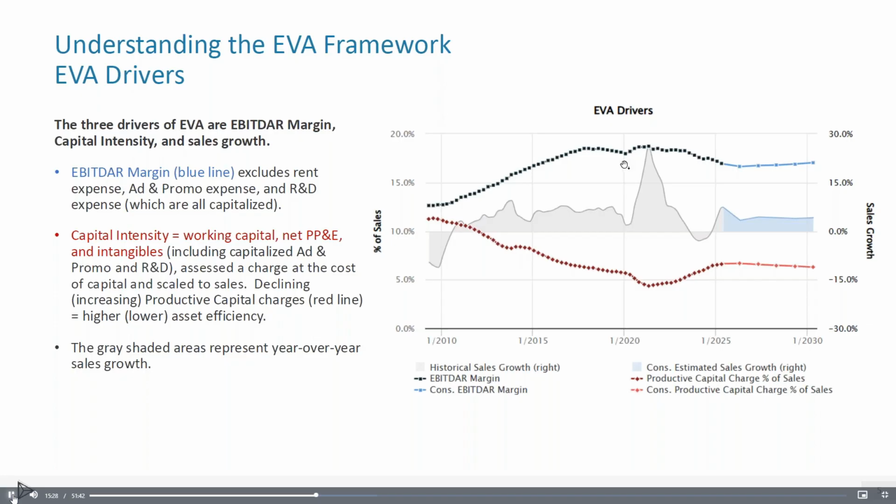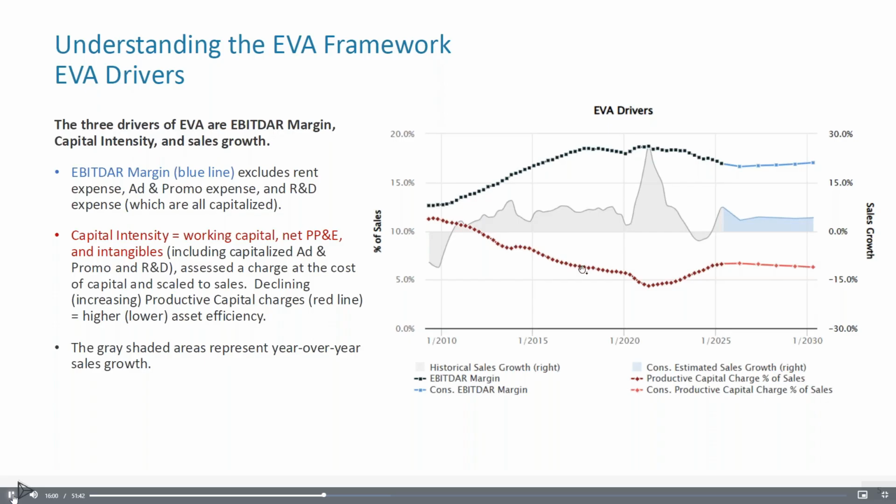So we saw really strong sales growth, probably about 6-7% persistent sales growth on a trailing 4-quarter basis. We saw EBITDAR margin go from probably around 12%, 11% up to more like 18%, like a 600 basis point expansion to profitability, and also a significant decline, so improvement, in the asset efficiency.